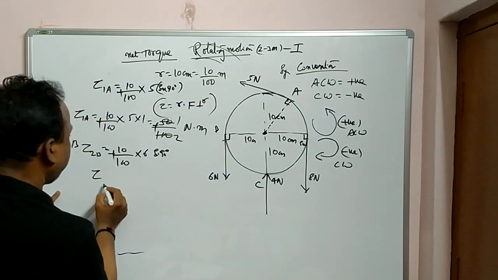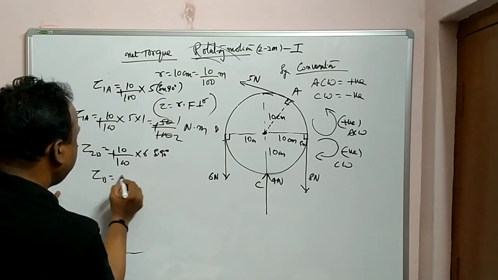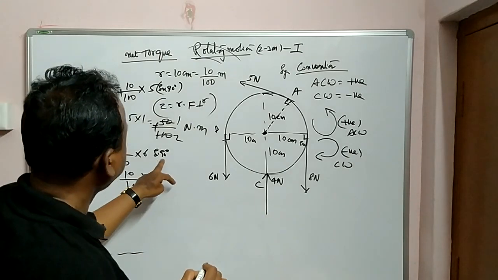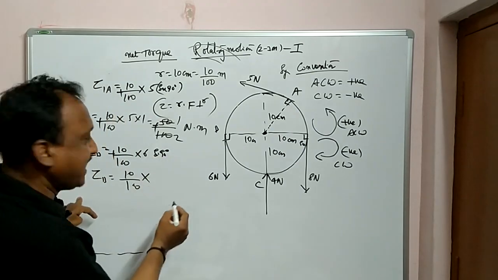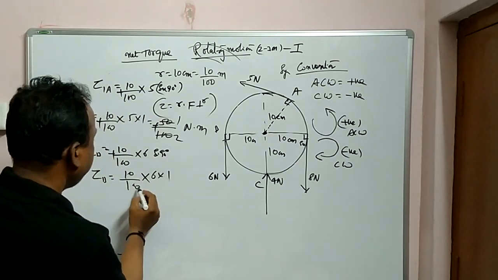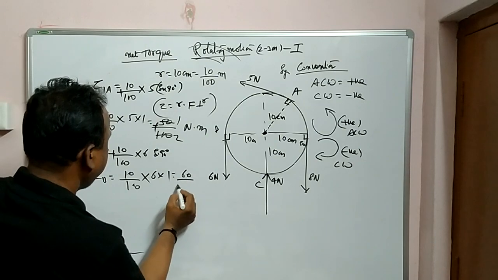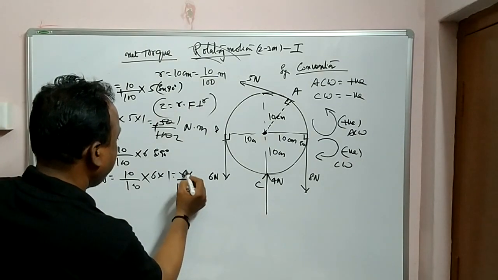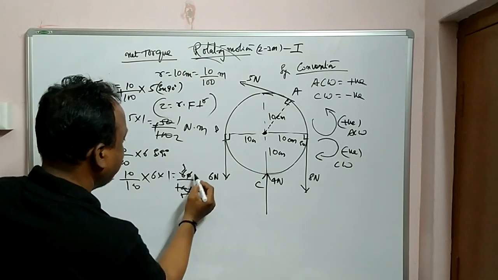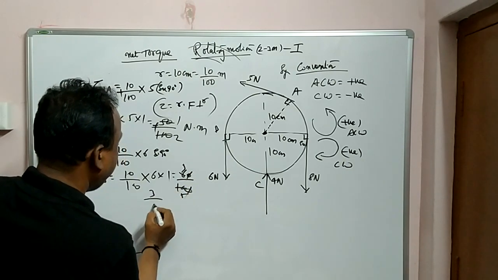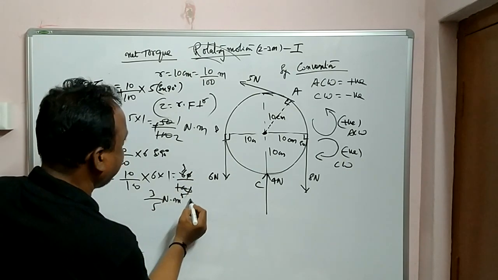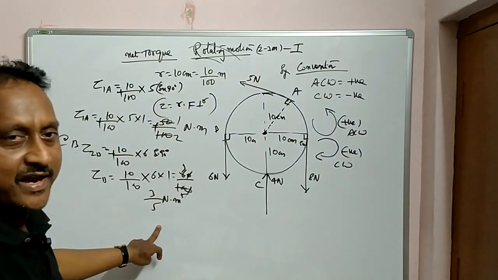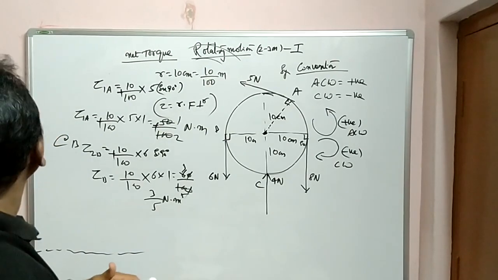So torque at B is equal to 10/100 into 6 into sin 90, which is 1, so 1. So how much is this? 60/100, that is 3/5. So the answer is 3/5 Newton meter. The first was 1/2, now it is 3/5 Newton meter. Clear?